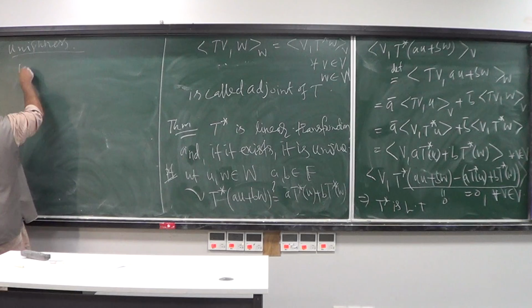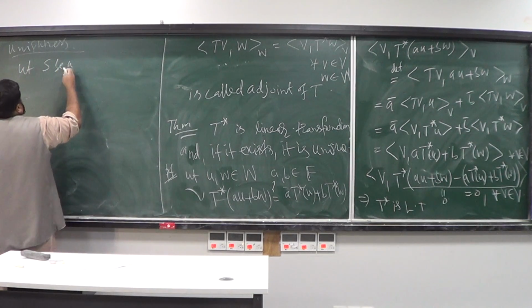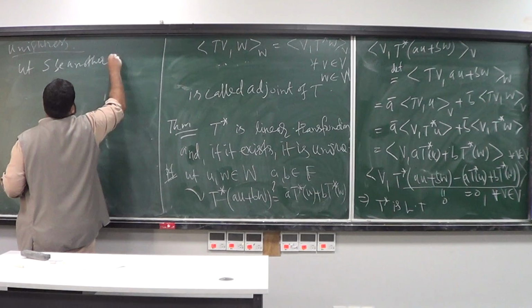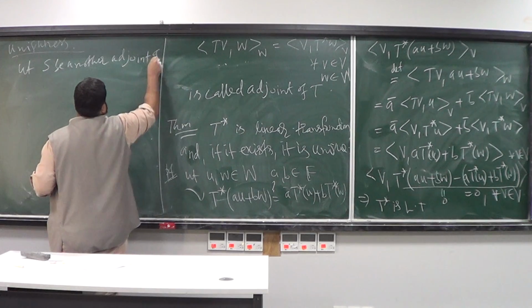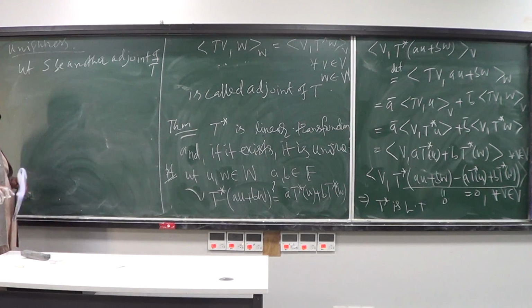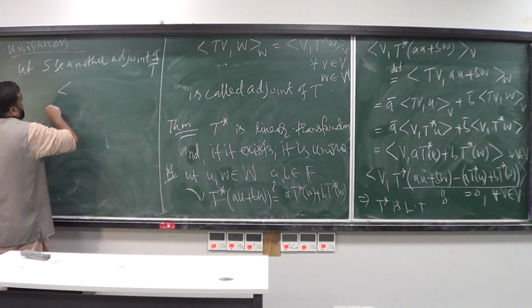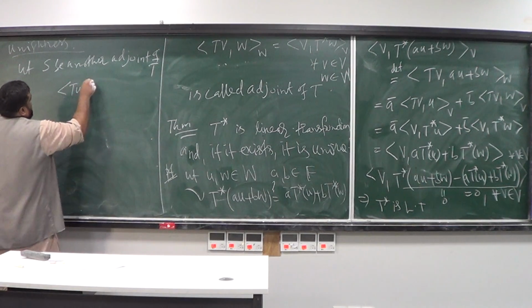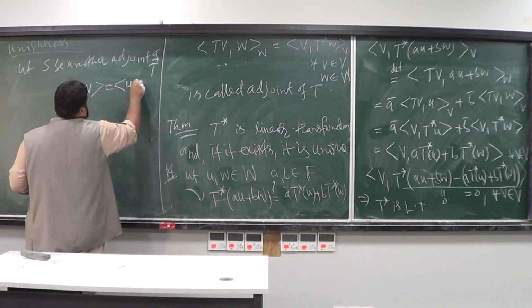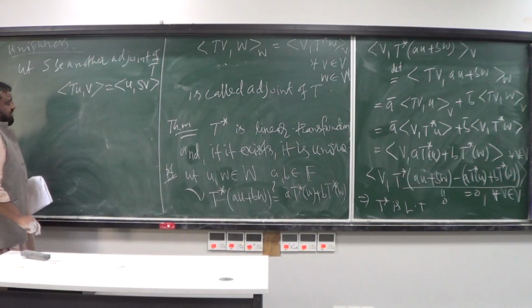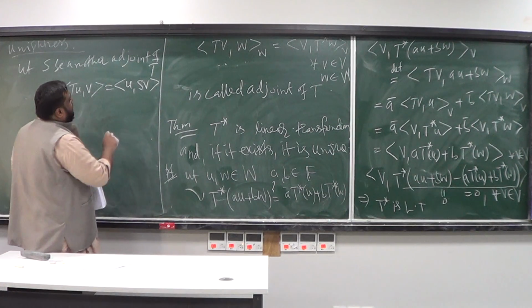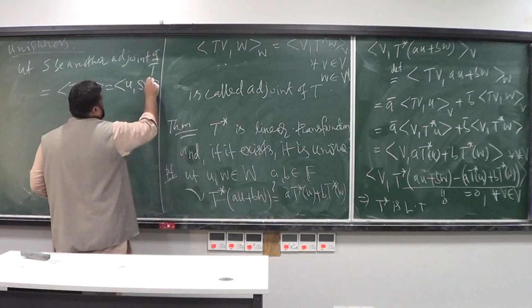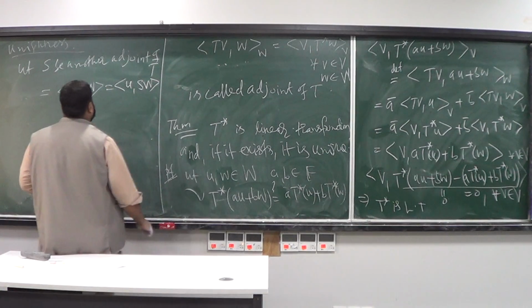Let S be another adjoint of T. If it is an adjoint of T, it must satisfy <TU, V> equal to <U, SV>. Okay? But also <TU, W> equal to <U, SW>. This is what you're going to get.